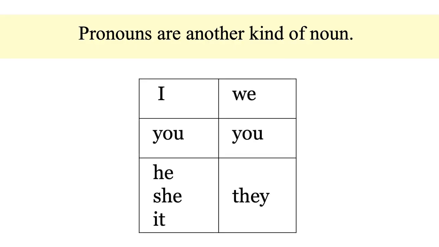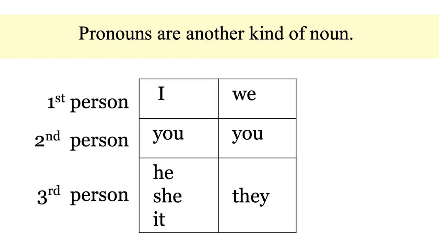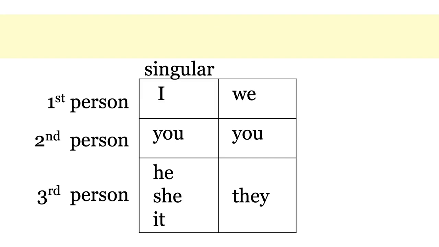This is the pronoun chart. In English, we organize the pronouns like this: first person, second person, and third person. And singular, that's one, and plural, that's more than one. There are some things to know about pronouns.